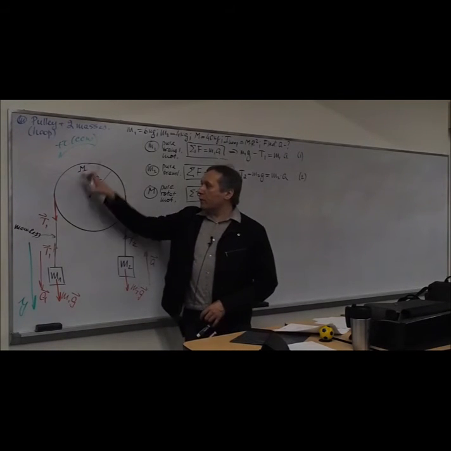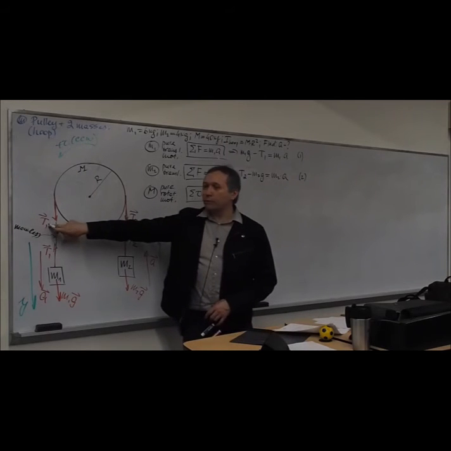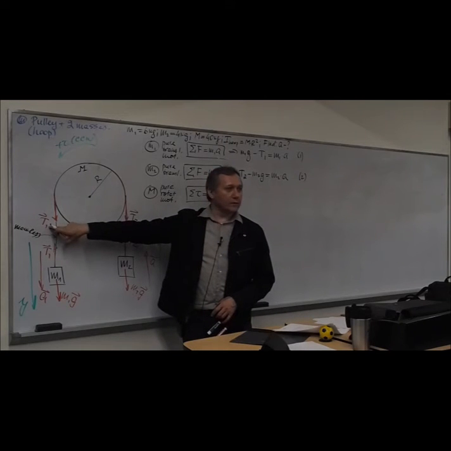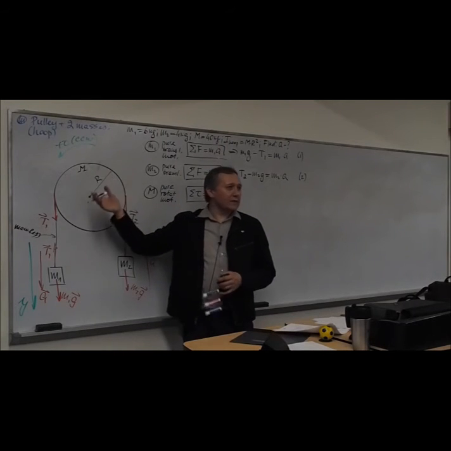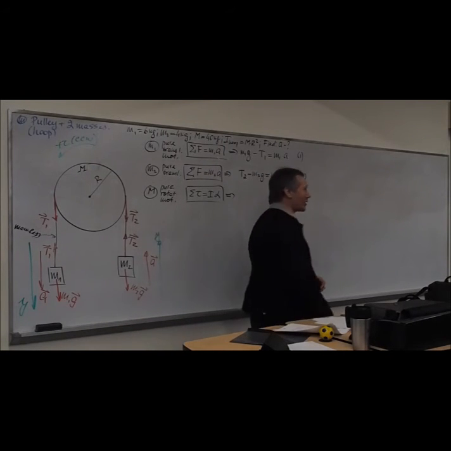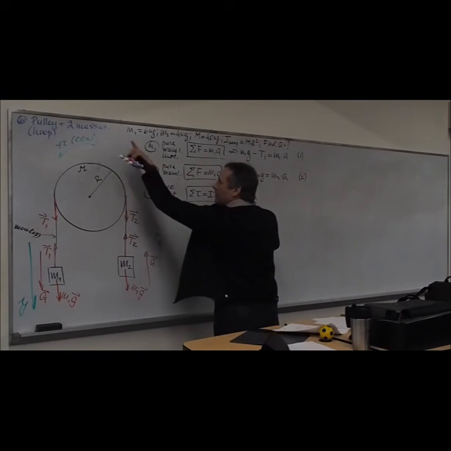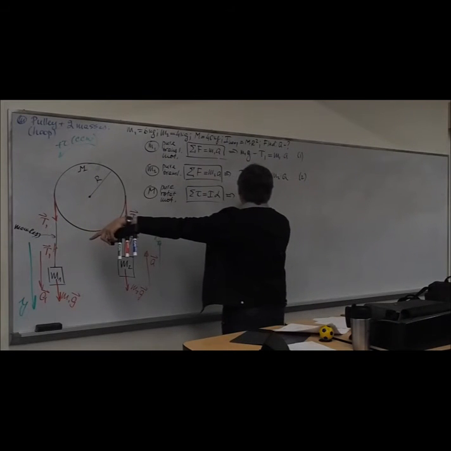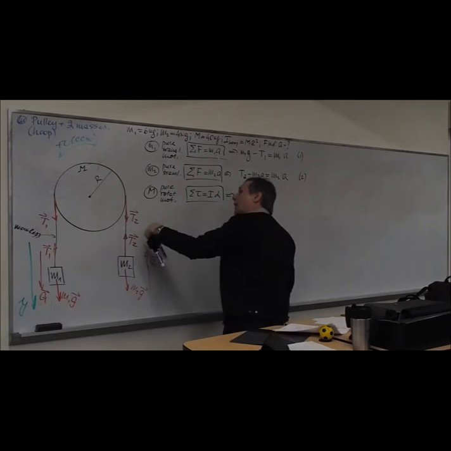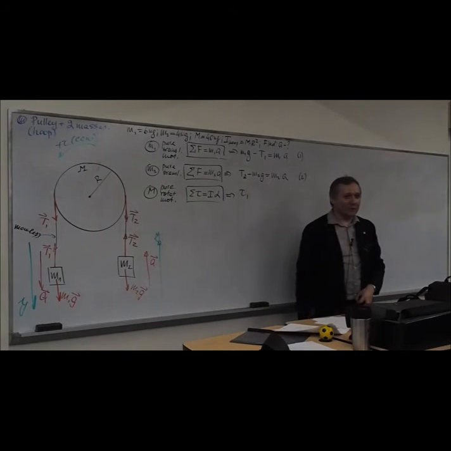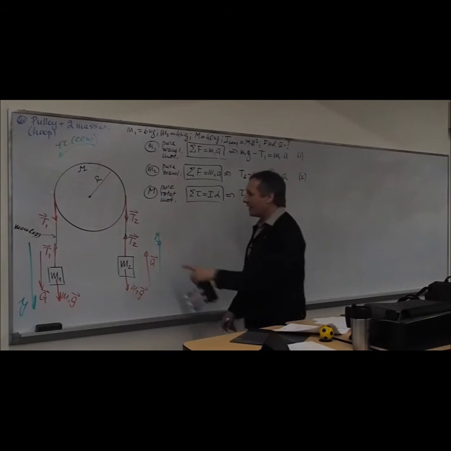Torque produced, now we're looking at the pulley. Torque produced by this force, positive or negative? Of course, positive, because it tries to turn that way. Not just tries, in this case it will also be turning that way. So it will be tau 1 positive. This torque will try to turn, but actual motion will be that way.